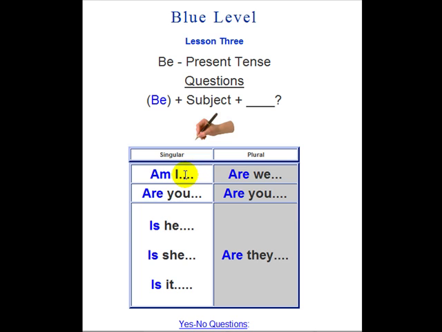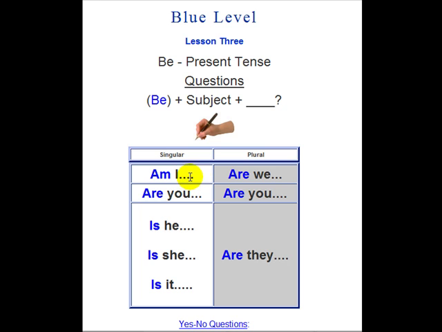If you remember, when we were making the statement, it was I am. Here we put the am in front of the I, and we have the question, am I?